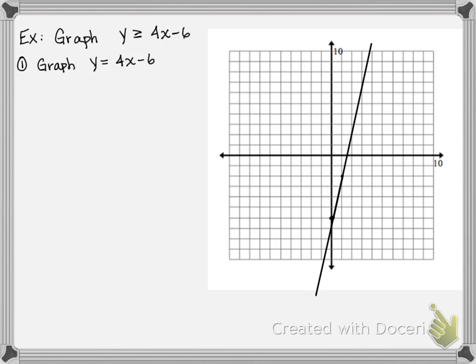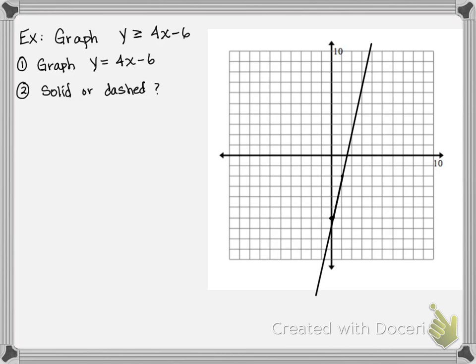So that's my boundary. And then we want to know if this is going to be solid or dashed. And I usually like to write this down just to force myself to think about it every time. It's easy to get in a hurry and skip over this step because you already drew the line. So would this one be solid or would it be dashed?